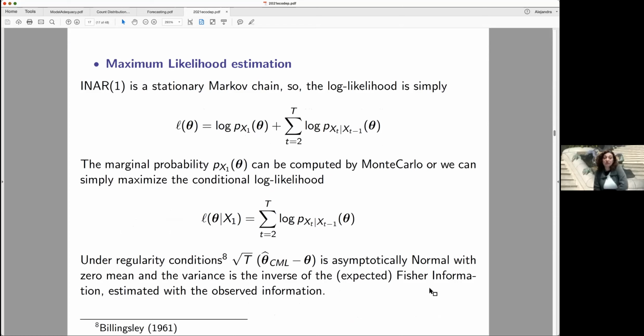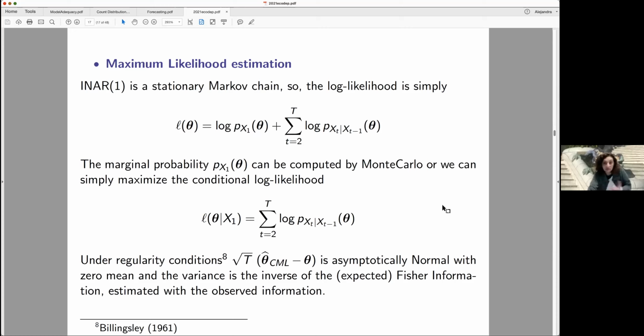In this case, the integer AR(1) is a stationary Markov chain, so the log likelihood can simply be written in terms of the conditional likelihoods. And that's what we do. Either the marginal probability is computed by Monte Carlo simulation, or we just forget about this and maximize the conditional log likelihood, this term here.